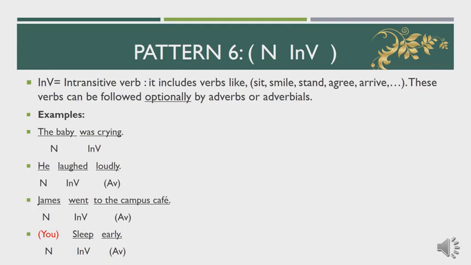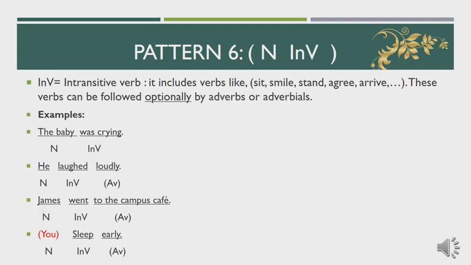They are optional. We can remove them or put them without any change in the structure of the sentence. They just add to the meaning of the sentence, but the structure of the pattern is not going to be changed. It remains an intransitive verb, subject plus a verb, which is an intransitive verb.